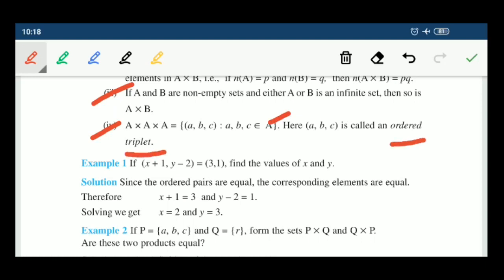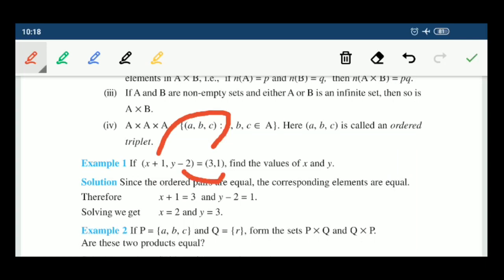Now you can see the first example. They have given that the ordered pairs are equal, and you have to find the values of x and y. So it means the x coordinate is equal to the x coordinate and the y coordinate is equal to the y coordinate.